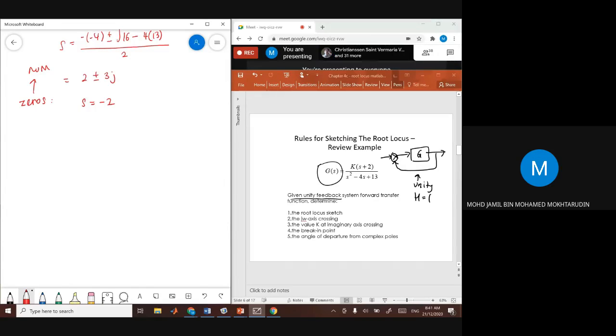Okay, so find the closed loop transfer function. So T(s) equals... okay, simplify.